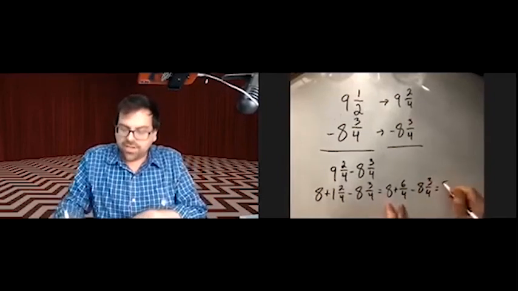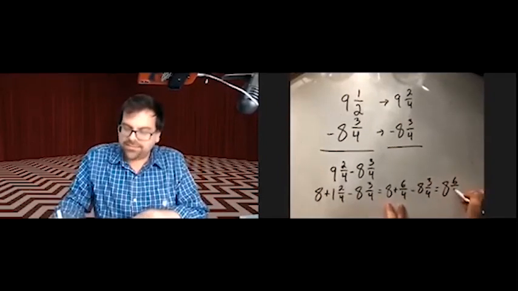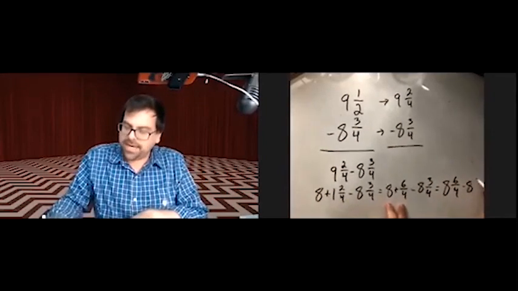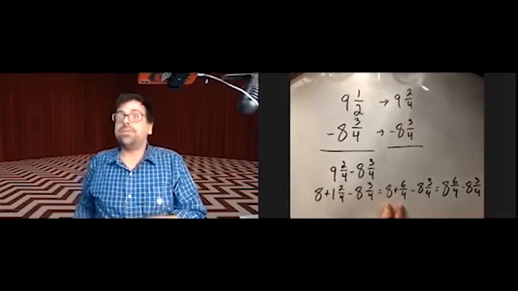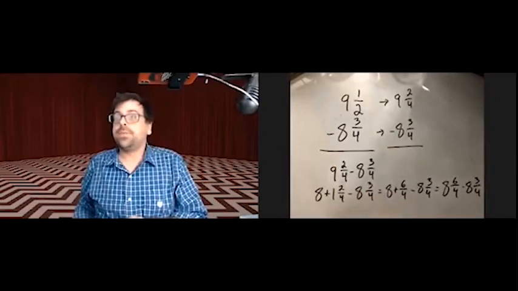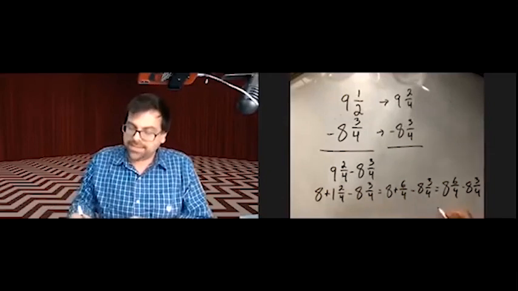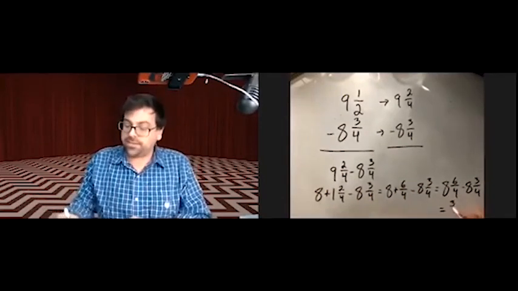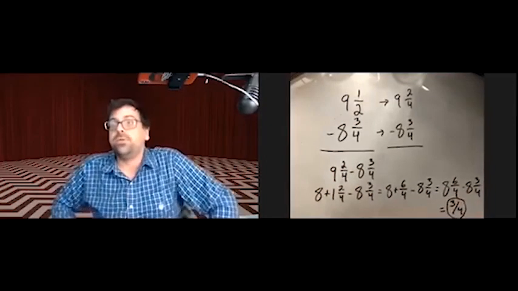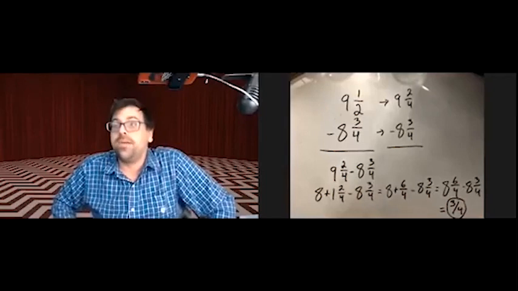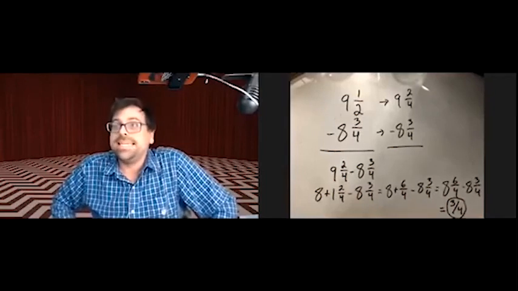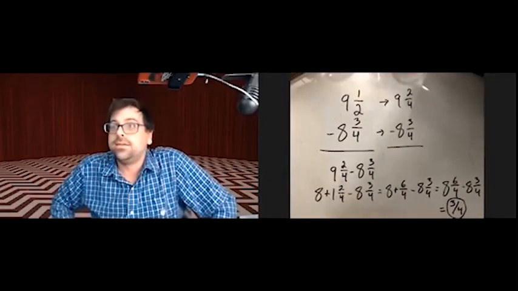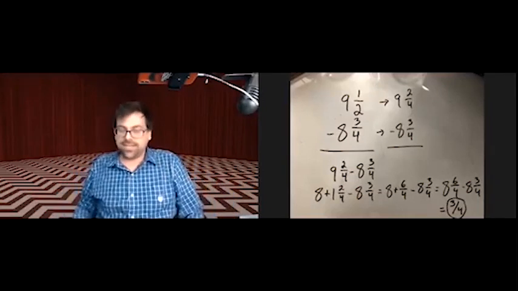So we can imagine that we have 8 and 6 fourths minus 8 and 3 fourths. 8 minus 8 is 0, no whole number. 6 fourths minus 3 fourths would be 3 fourths. So all that borrowing we did got us to the correct answer.